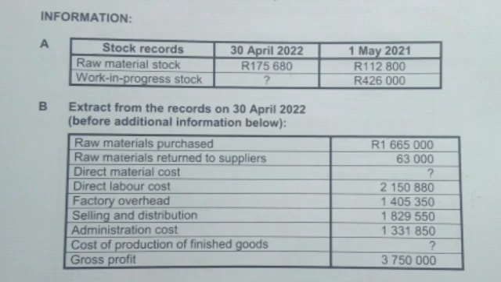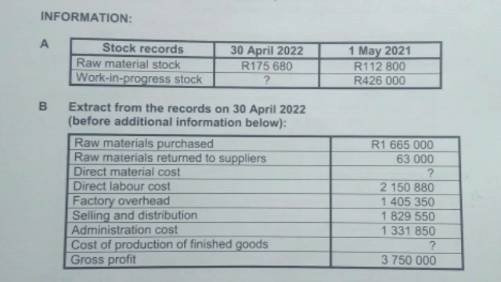So we can see that at the year beginning we had opening stock of 112,800, and we had a closing stock of 175,680 at the year end on 30 April 2022.